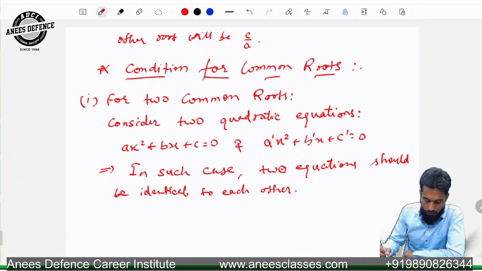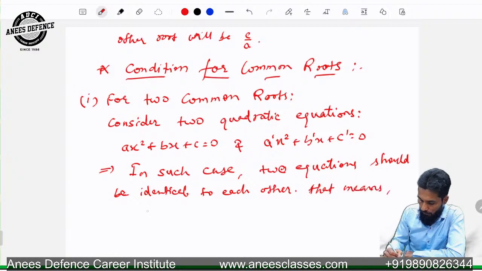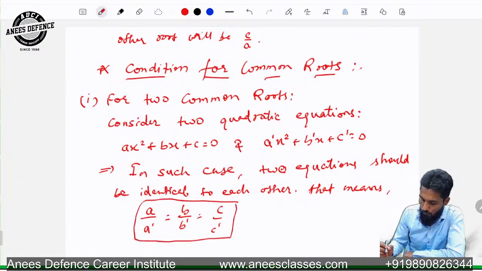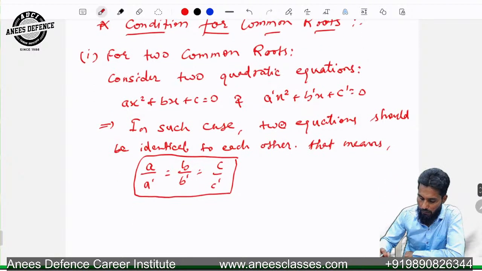Okay, so we can write here that the ratio of a upon a dash should be equal to b upon b dash and should be equal to c upon c dash. This is the condition for two roots common to two quadratic equations.